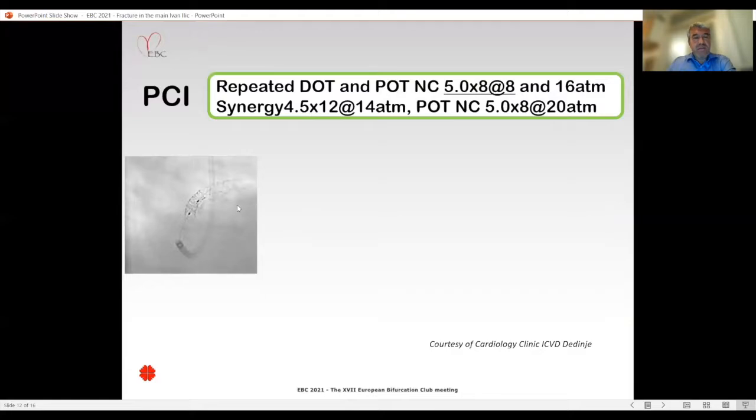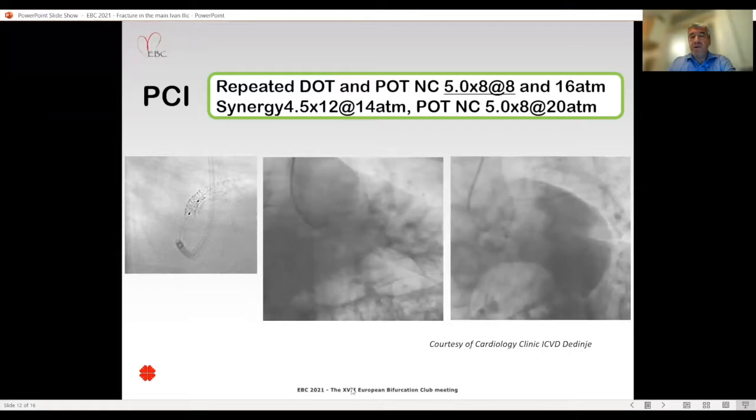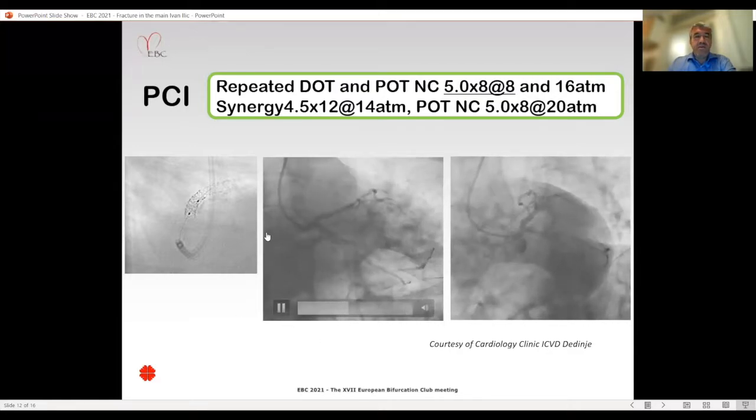We repeated stent imaging, and as you can see, there is a well-expanded stent in the left main and LAD. And on the angio, the flow looks good and the expansion of the stent looks relatively okay. Also, in another projection, you can appreciate that the ostial segments of the circ and LAD are without significant stenosis.